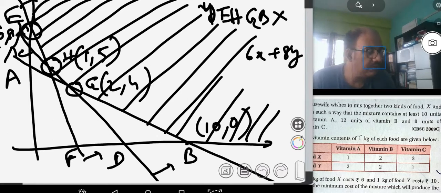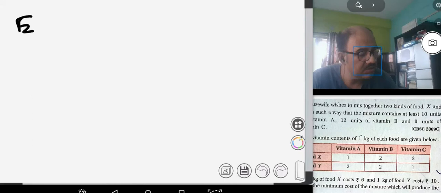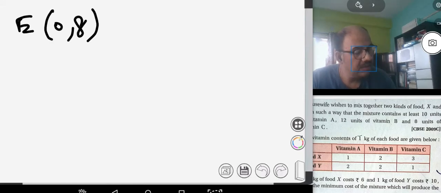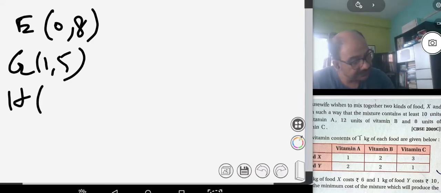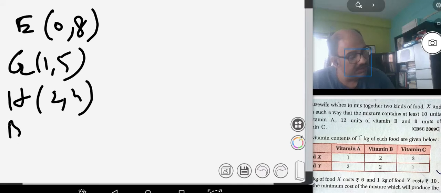So the cost at the point E, we have E equals 0 comma 8, G is 1, 5, H is 2, 4, and B is 10, 0.